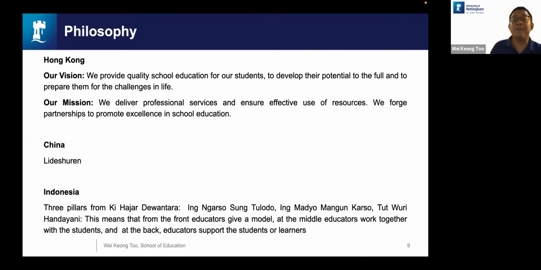It means that from the front, the educator becomes a role model, and in the middle the educator works together with the students, and they all come together at 3 levels. So these are the 3 different ways of defining the philosophy in education policy.